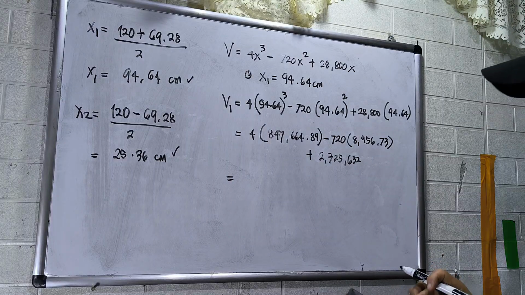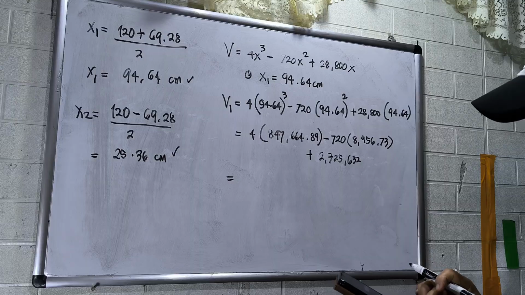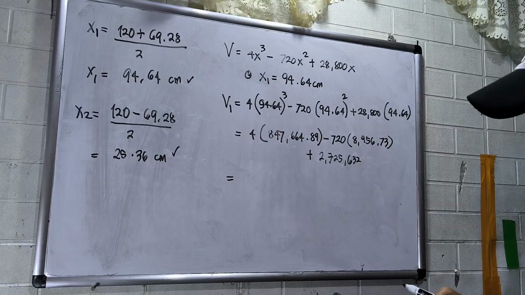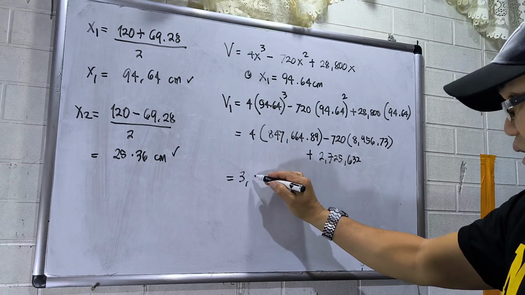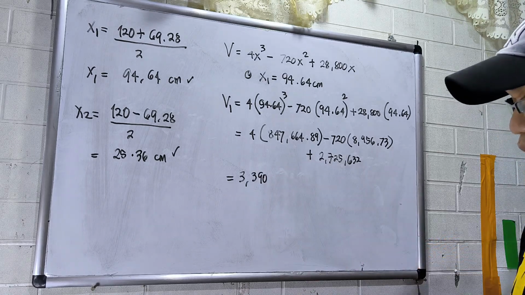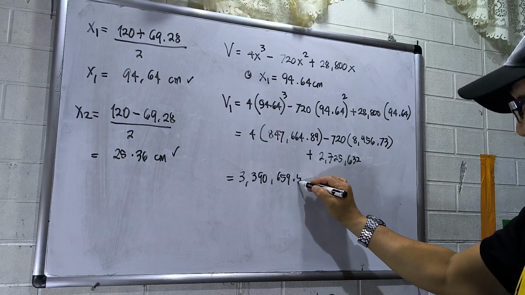Okay, so multiply this one. 847,664.89 times 4. So this will be 3,390,659.56.